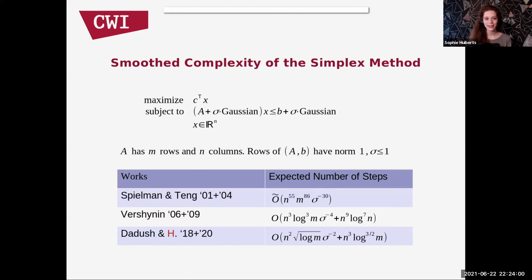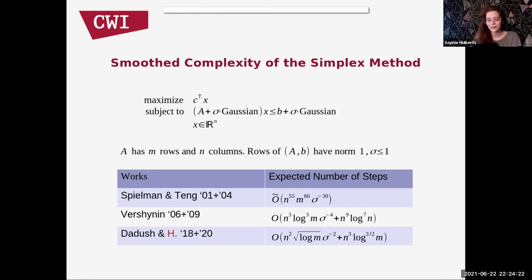So Spielman and Teng proved a running time bound polynomial in the number of variables, the number of constraints, and the inverse of the standard deviation of the noise. What this basically means is the more noise you add, the easier the problem becomes to solve.